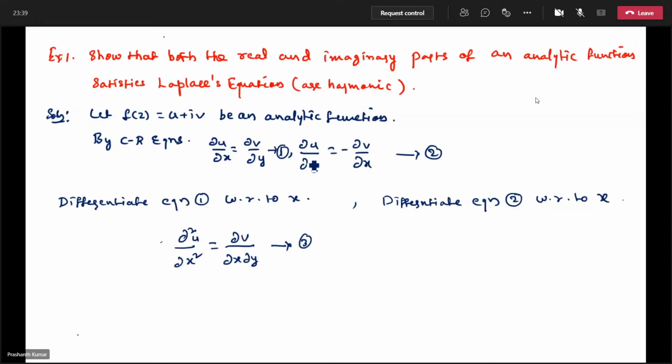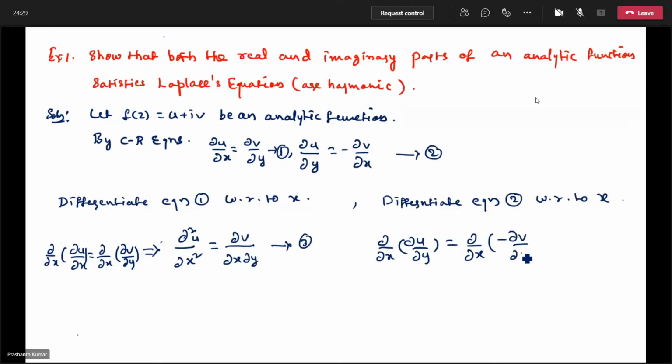Then dou by dou x of dou u by dou y is equal to dou by dou x of minus dou v by dou x.